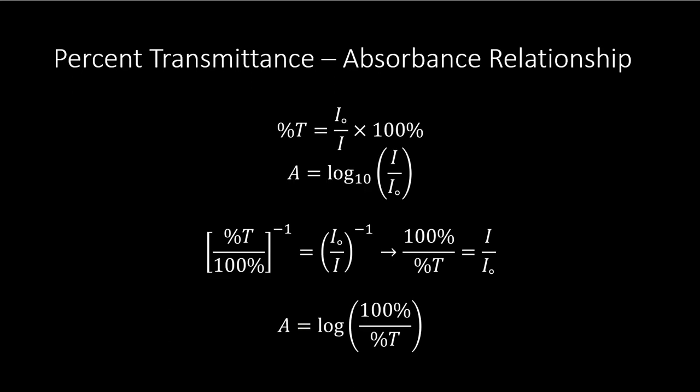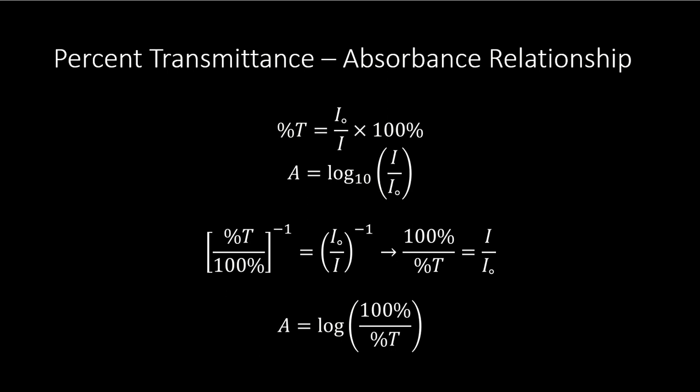Partway in your report, in your data sheet, you will be asked about a percent transmittance absorbance relationship. Here's the answer to that. Essentially, a percent transmittance is just your light that passes through the sample divided by the intensity of light that initially leaves your lamp in your spectrophotometer, multiplied by 100%, and absorbance is just log base 10 of your full intensity divided by what makes it through your sample.